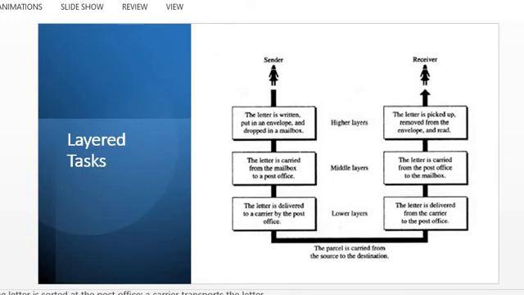According to the analysis that we've just done, you realize that there are three different activities being done at the sender side, and another three activities being done at the receiver side. And there's the task of transporting the letter between the sender and the receiver. That is done by the carrier for both sides.